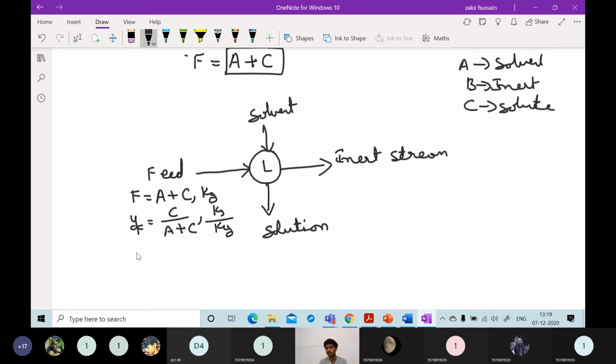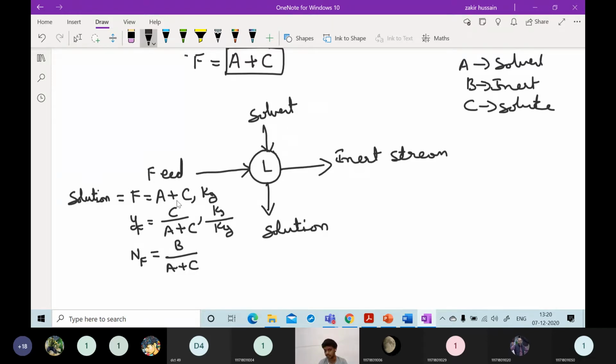Then, to take care of the inert solid content, we denote it with NF. This is the weight ratio of inert solids in feed, meaning the weight of B, the inert solids, divided by the solution, F. So initially, what is the amount of solution present in the feed, and what is the solution present in each of the other streams?